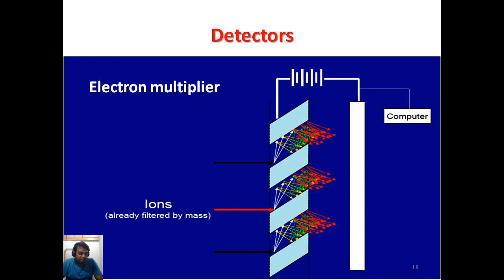So the ions are converted to electrons, not just a single electron, but these electrons are converted into multiple electrons on contact with the electron multipliers, which convert the electrons by subsequent doubling. Finally, the recorder records the electropotential charges of the multiplied electrons, and we get a spectrum.